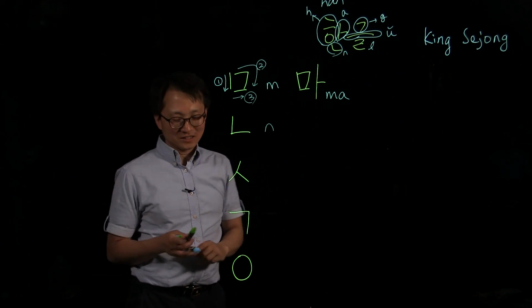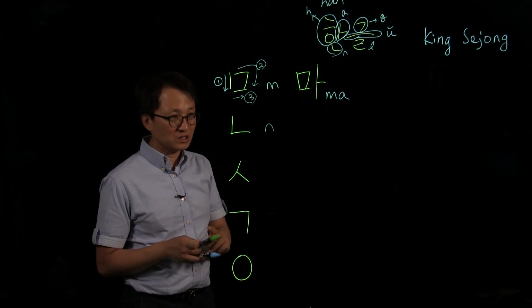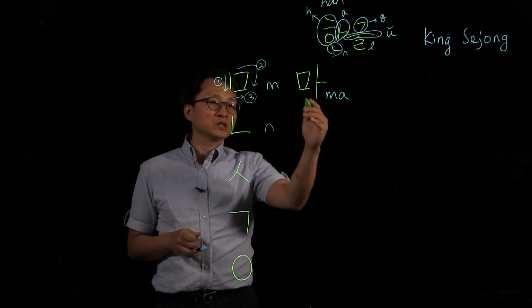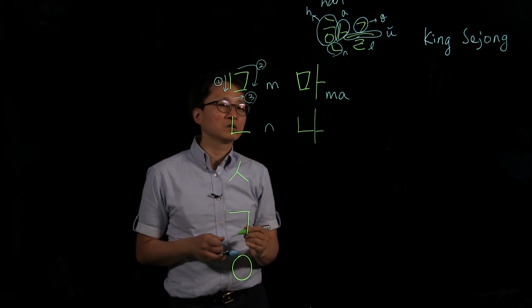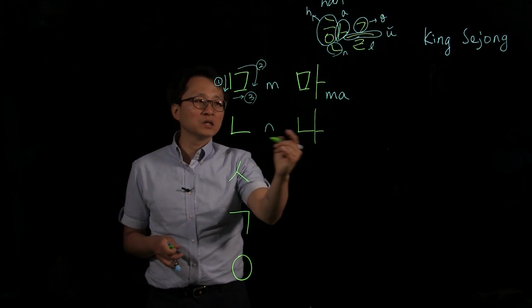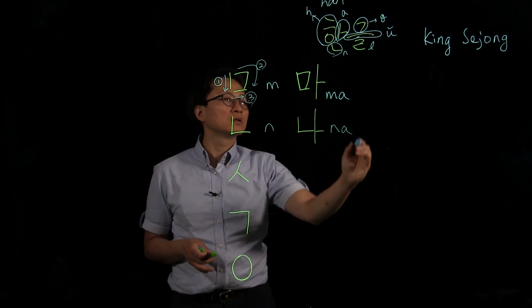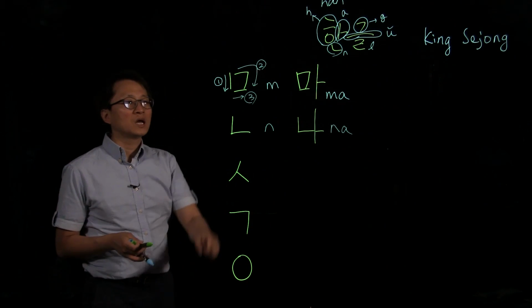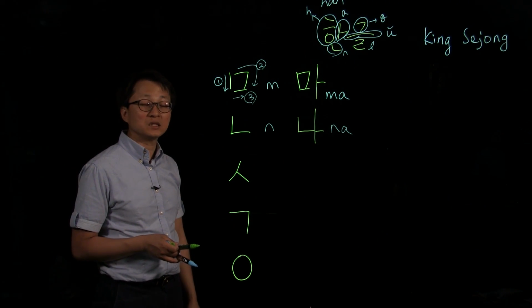So this represents the tongue sound. So in the same way, let me add this vowel here. And how do you pronounce this syllable? Na. It's easy, right? Yeah.